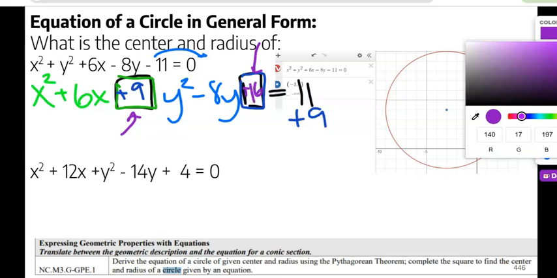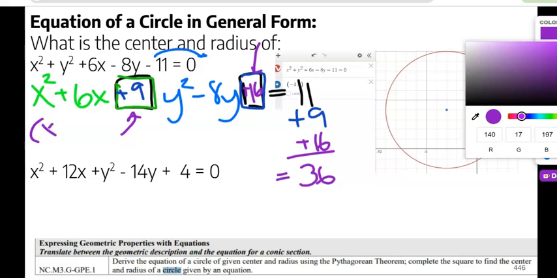There's never going to be a negative number in these blocks, because when you square a negative number, it just makes it back to positive. If I add 16 on the left, I have to add 16 on the right. So at this point, guess what? I know that my number at the end is 36, which helps me get my radius. All I need is the numbers for the center. Well, to factor these, you know that 9 breaks down into 3 times 3, and that's great because 3 plus 3 makes 6.